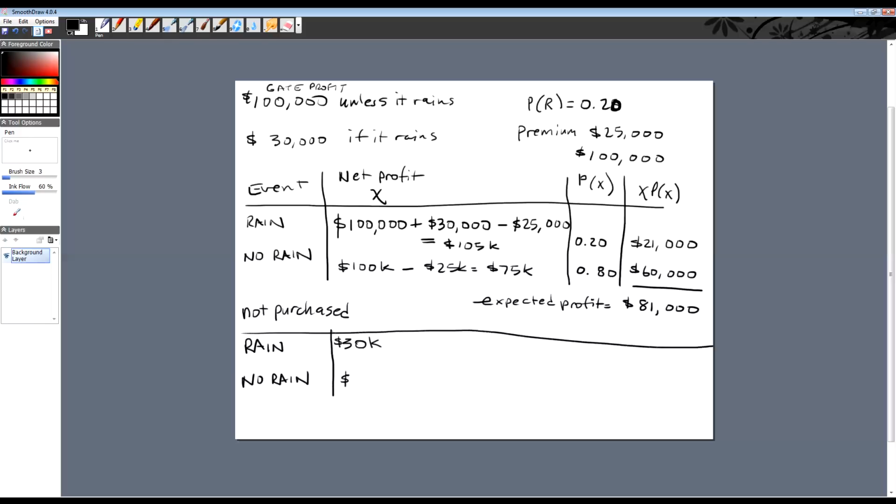No rain, he'll get $100,000. He has not paid any premiums because the insurance is not purchased. The probabilities are the same. Probability of rain is 0.20. Probability of no rain is 0.80. Multiply these together. 30,000 times 0.2 is 6,000, and 80,000, which is 100,000 times 0.8. This gives us 86,000 expected profit.